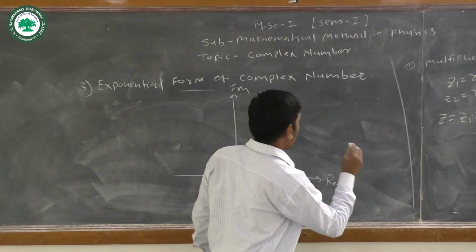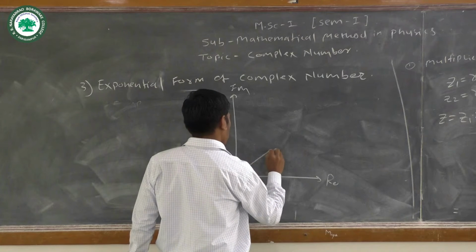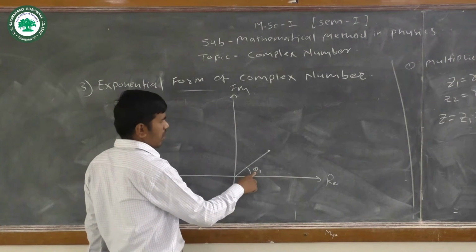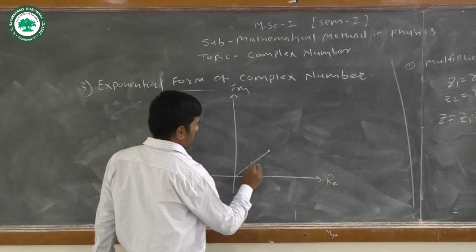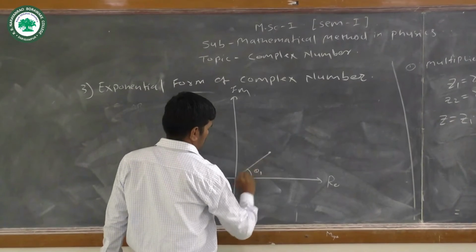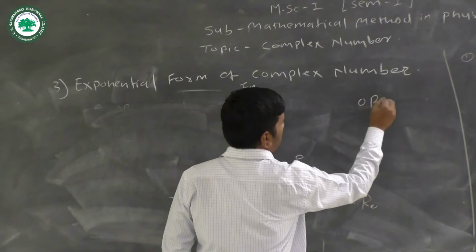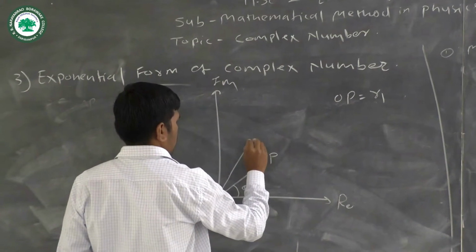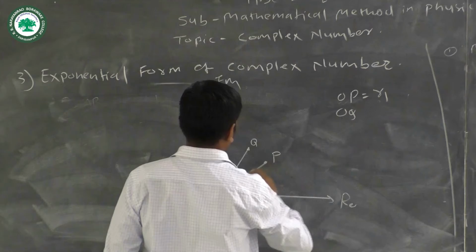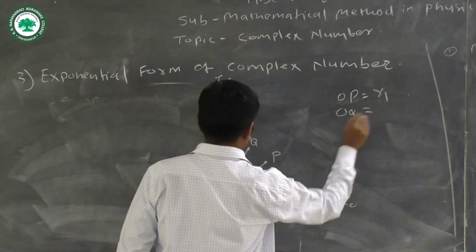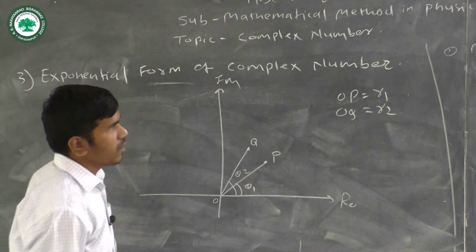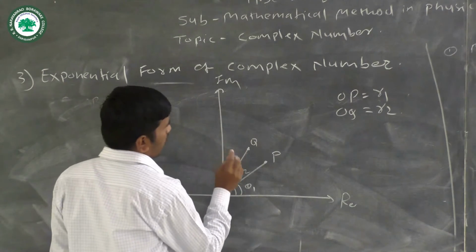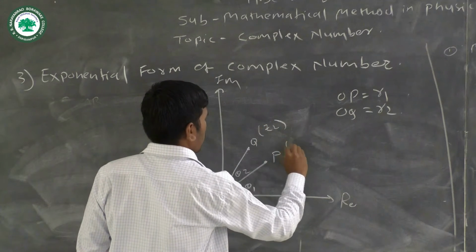Suppose this is Z1, with theta 1 the argument of Z1 and r1 the modulus of Z1, so OP is r1. OQ is r2, the modulus of Z2, and theta 2 is the argument of Z2.